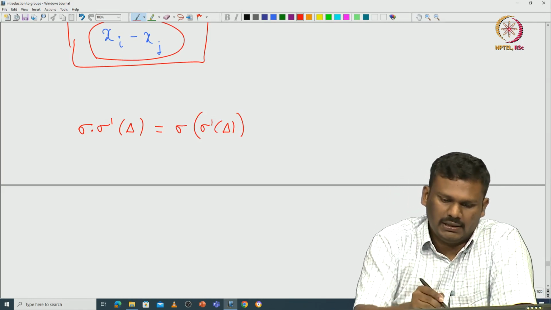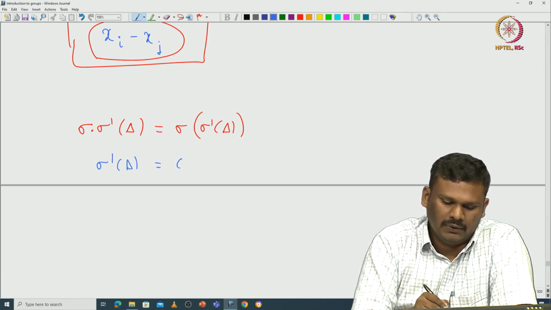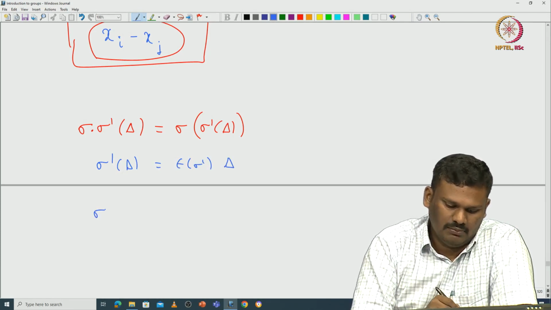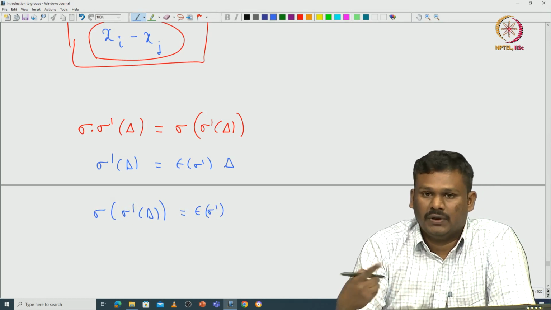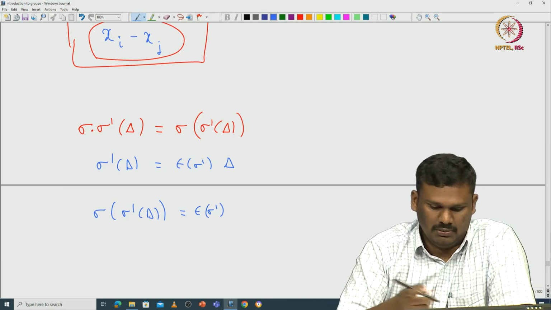But you already know what sigma dash of delta is. Sigma dash of delta is epsilon of sigma dash times delta. Similarly, if you apply sigma to sigma dash of delta, epsilon of sigma dash is a constant, since we are only permuting the variables, so it is just going to pop out.